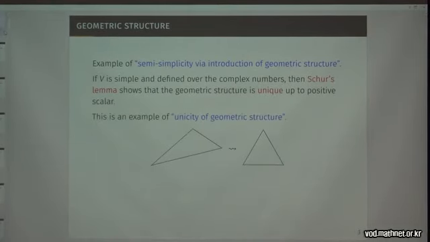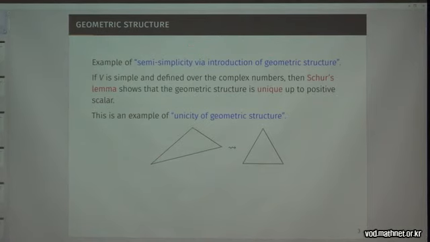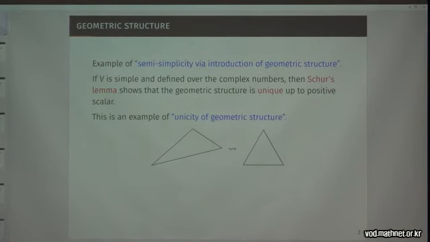I also explained this extraordinary fact that on a complex irreducible representation, there is a unique geometric structure up to scalar. It's kind of remarkable. Imagine that I give you a vector space.